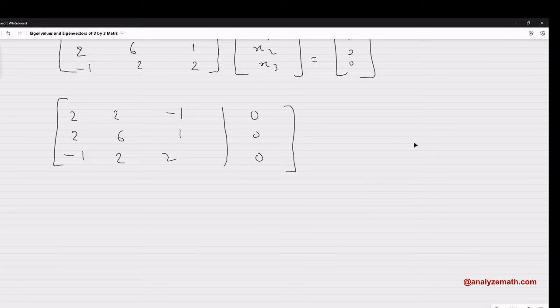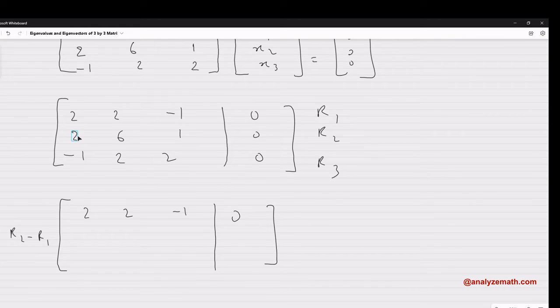Good. So this is R1, this is R2, and this is R3. Now the first thing we are going to do is to keep row number 1 as it is. Now row number 2, we are going to replace by row number 2 minus R1. So we do this minus this, because 2 minus 2 gives me 0.